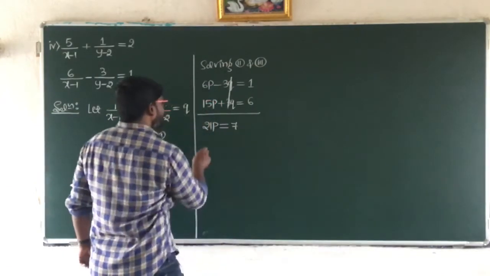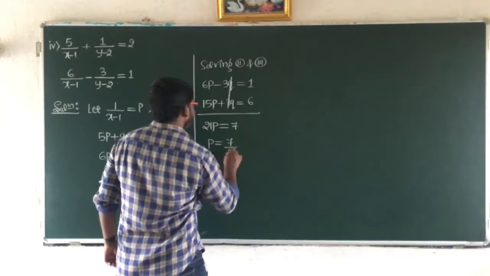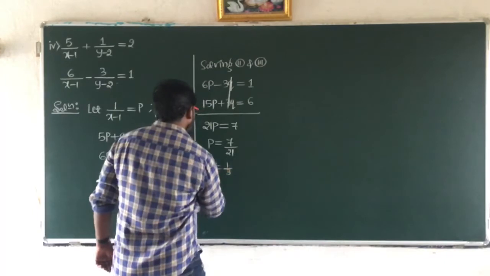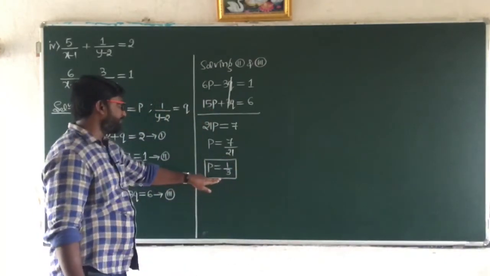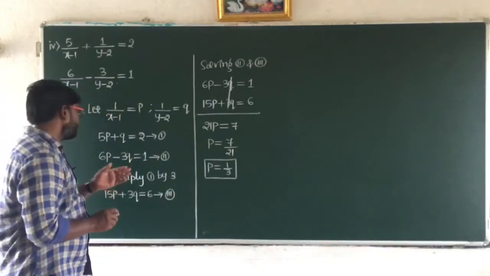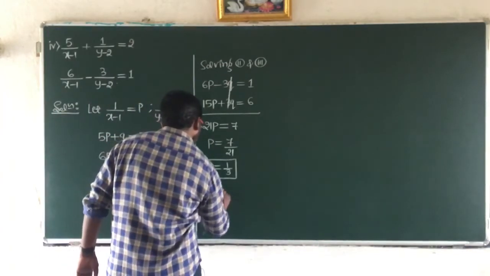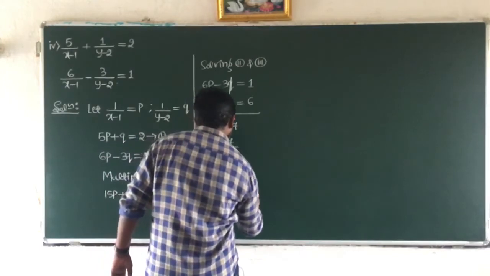So, p is equal to 7 divided by 21, p is equal to 1 by 3. So, we have got the value of p. Now, substitute this value of p in any one of the equations to get the value of q. Put p equal to 1 by 3 in equation 2.